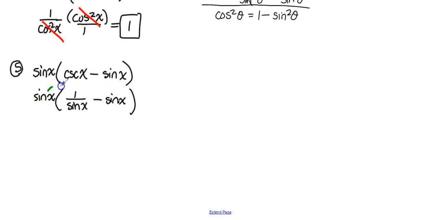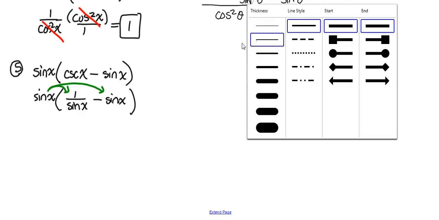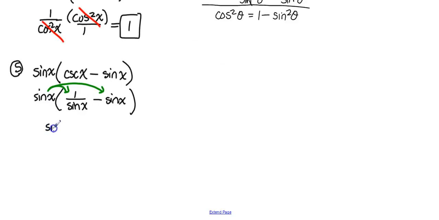And then let's see what happens if I distribute sine of x. This becomes sine of x divided by sine of x minus sine squared. Well, sine of x divided by sine of x is 1.